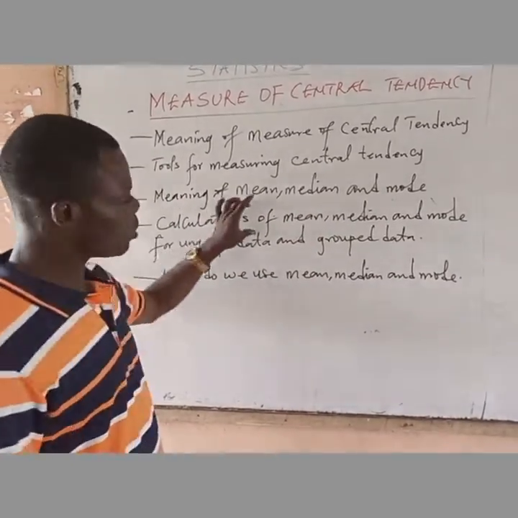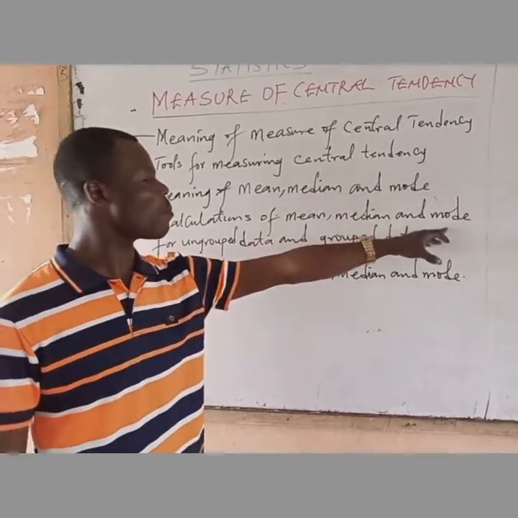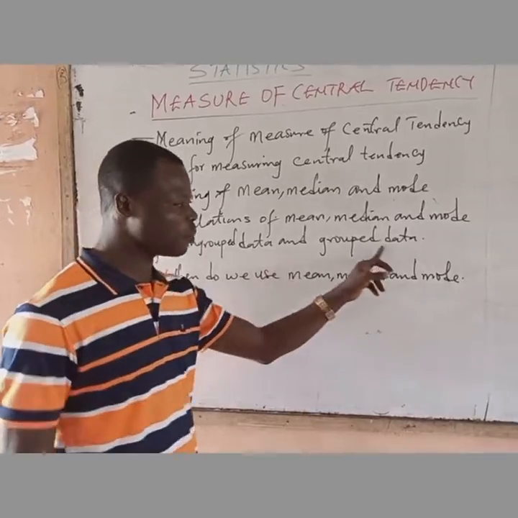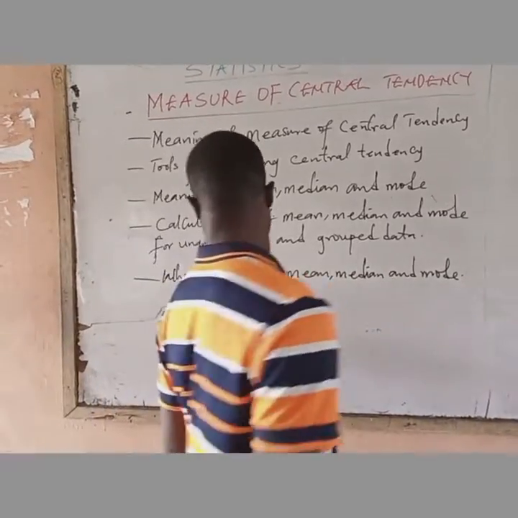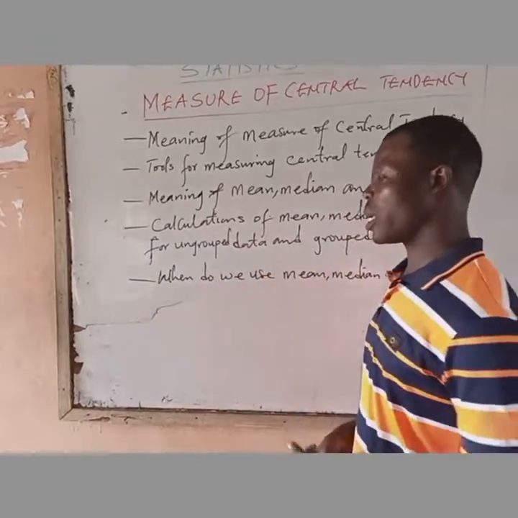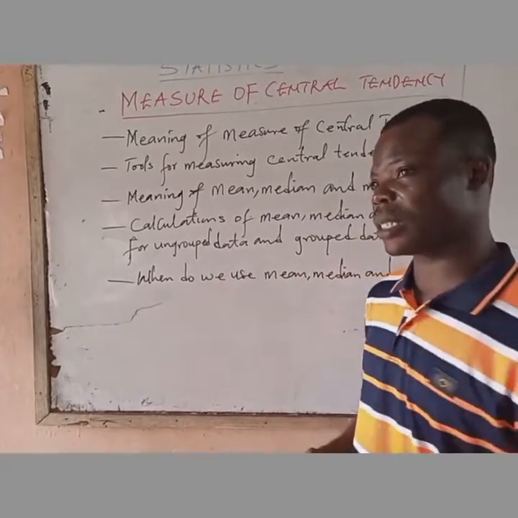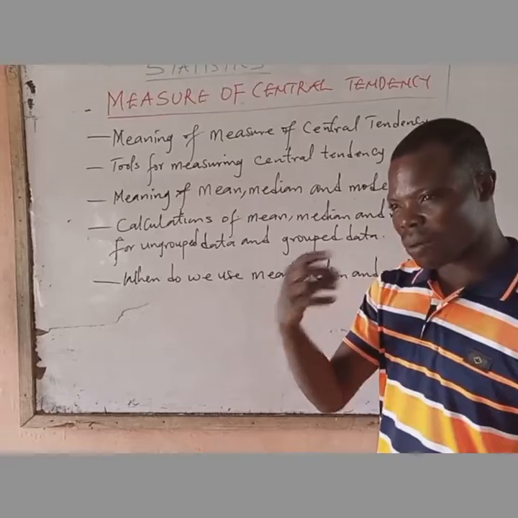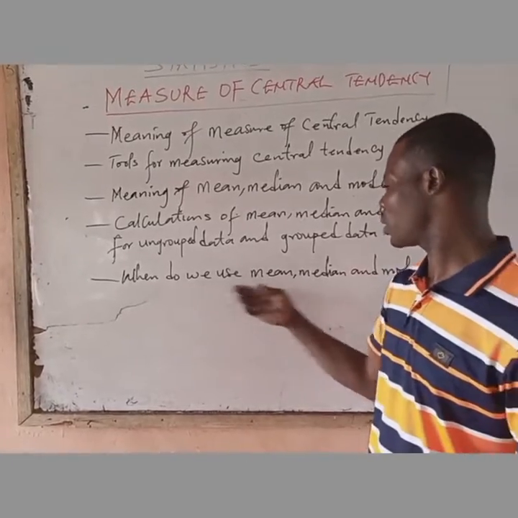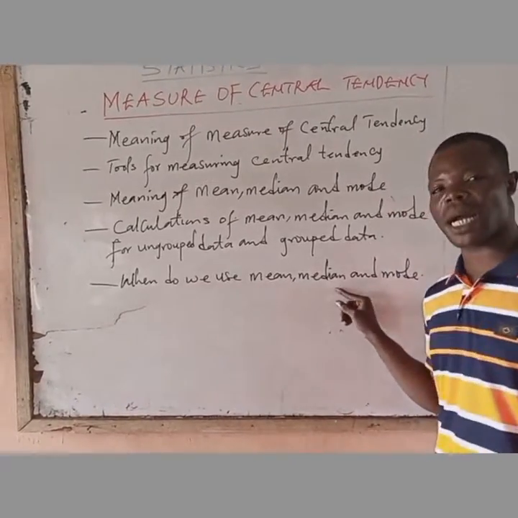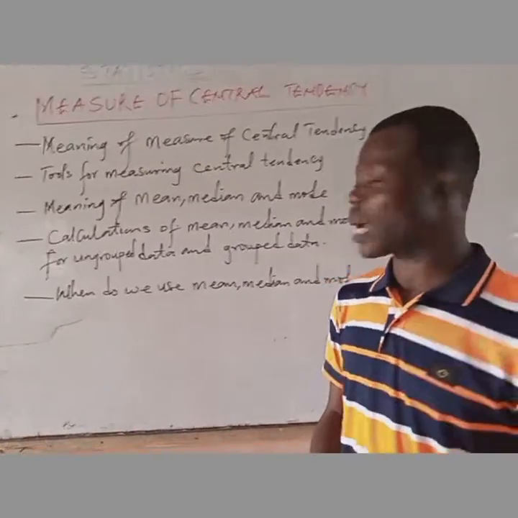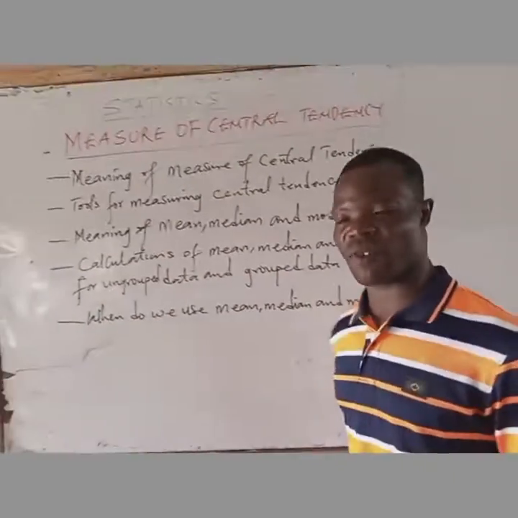We look at calculations of mean, median, and mode for ungrouped data and grouped data. Also, in our analysis, we might like to know when we use mean, median, and mode. Without wasting much of our time, let's start with the first one.